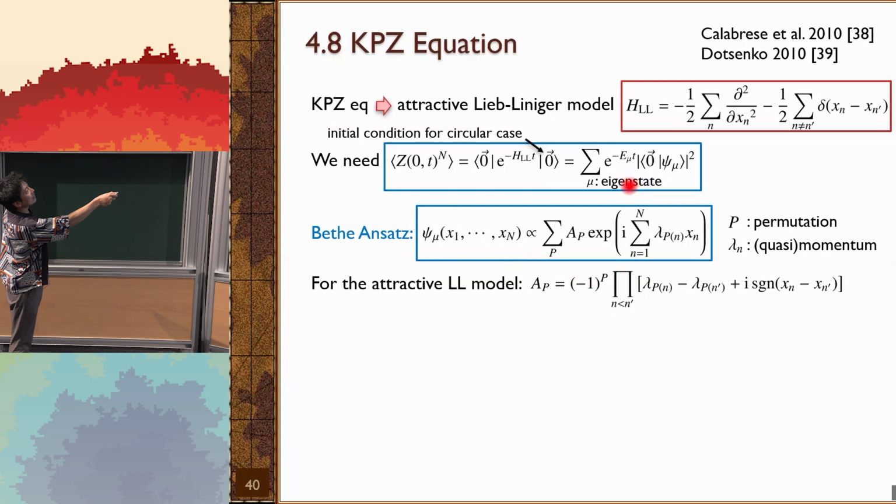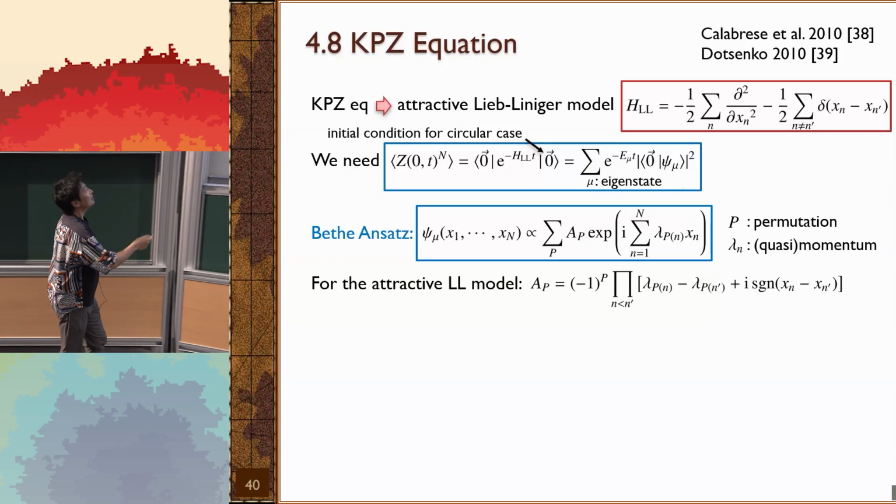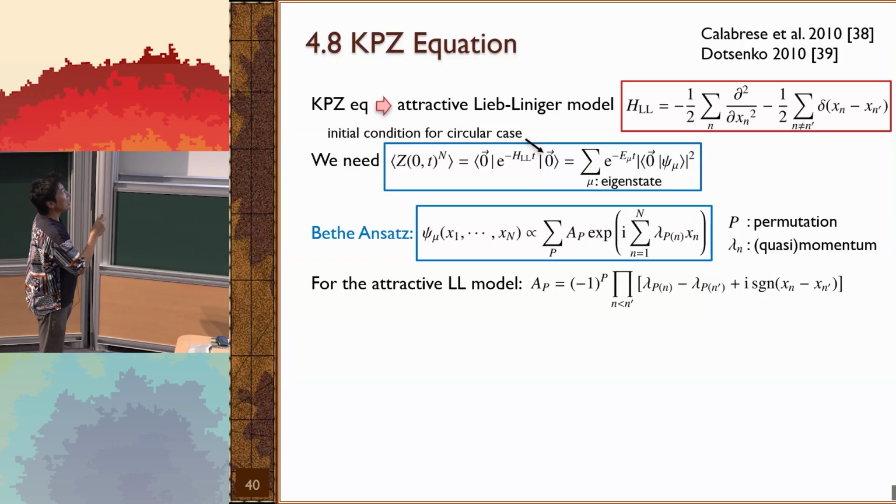So we can actually evaluate this sum over all eigenstates. I mean, each plane wave-like solution becomes an eigenstate of this Hamiltonian. So we can sum over all eigenstates. Each eigenstate is labeled by a choice of lambda, which is called quasi-momentum.